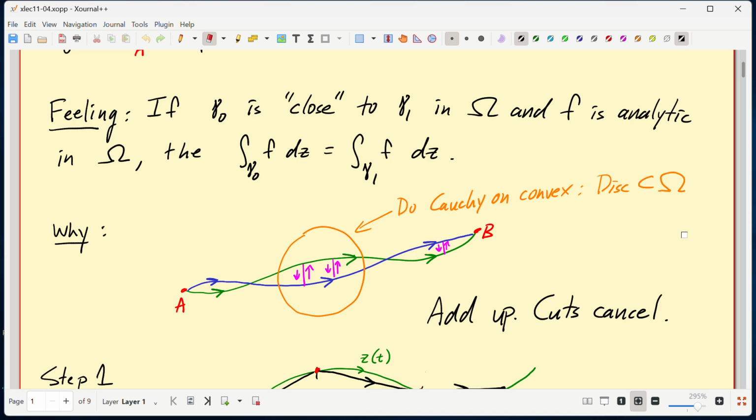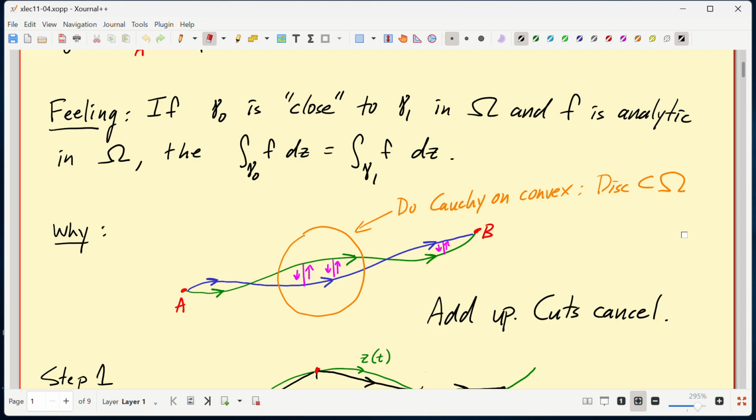And then you see if I made little cuts like we do, I would get little curved linear rectangles, and I could integrate around those and add them all up and realize that along the cuts they are going to cancel when I add them all up.